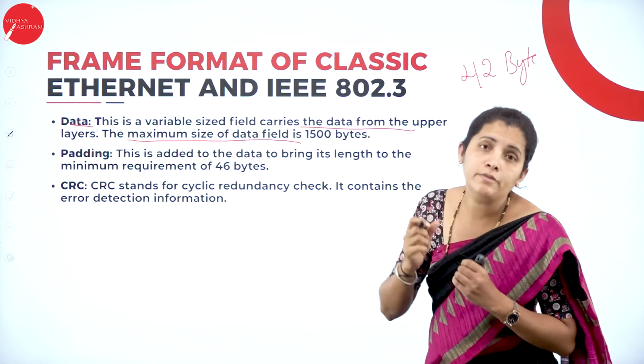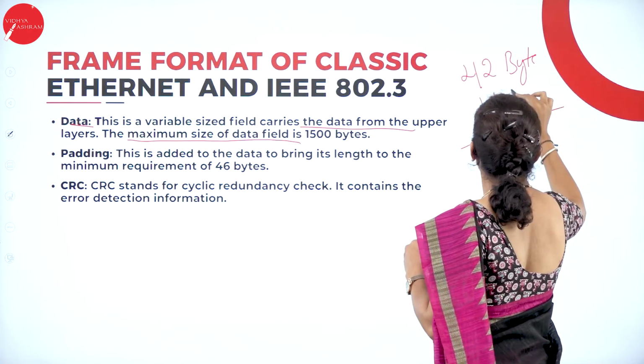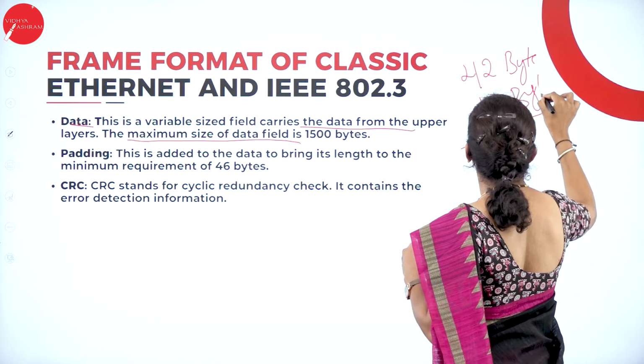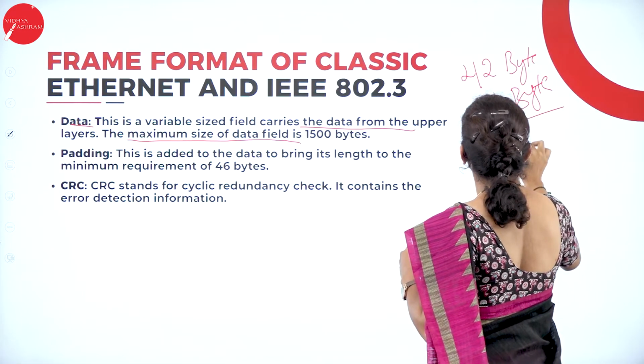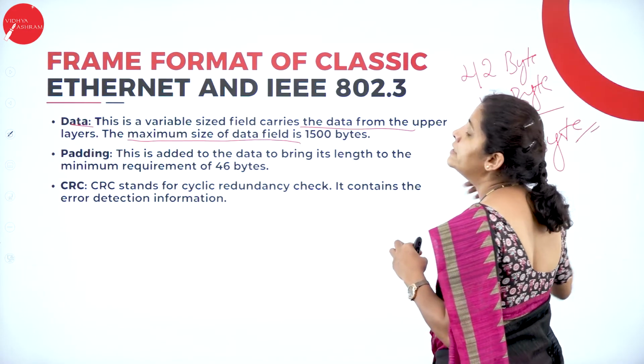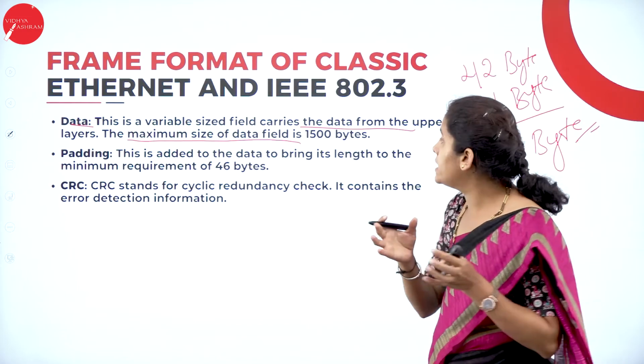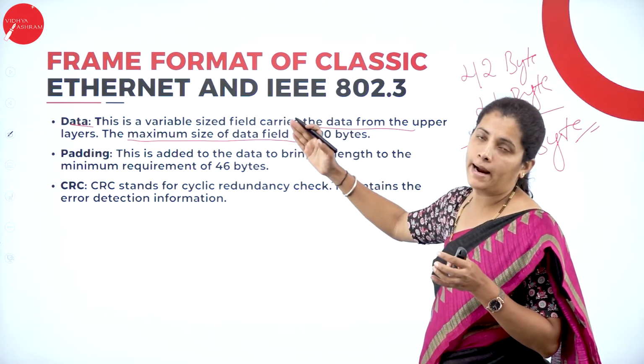To make it 46, what am I going to do? I'm going to add 4 more bytes to make it 46 bytes. So padding is nothing but the way to add extra data to make it 46 bytes.